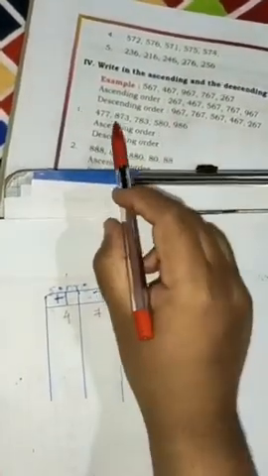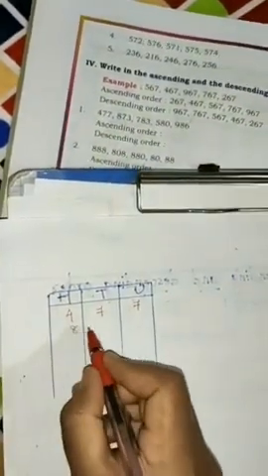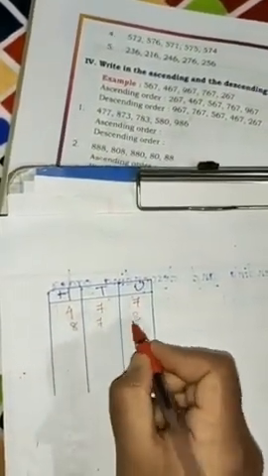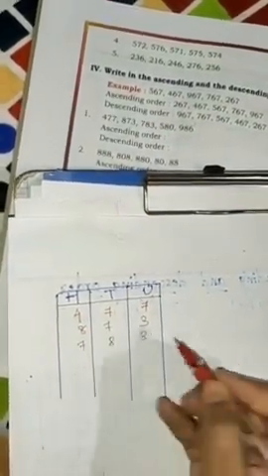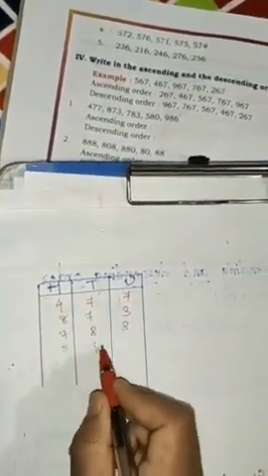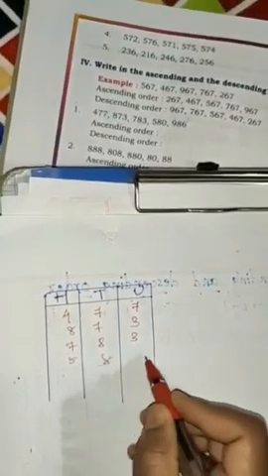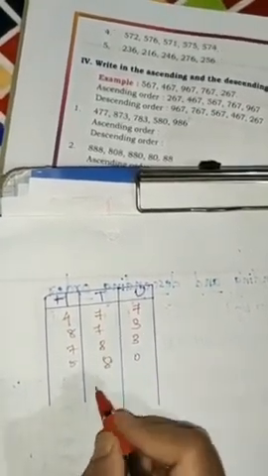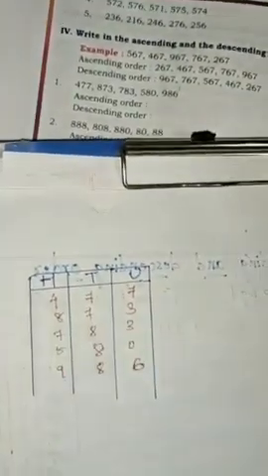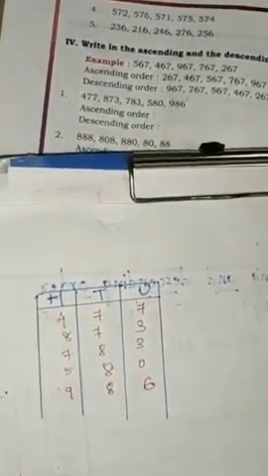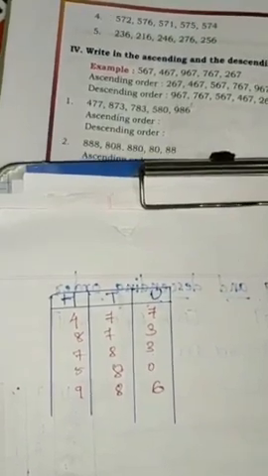Okay. Next one is 873. We'll write all the numbers. 873. Next, 783. Next, 580. Yes. Next one is 986. Okay.